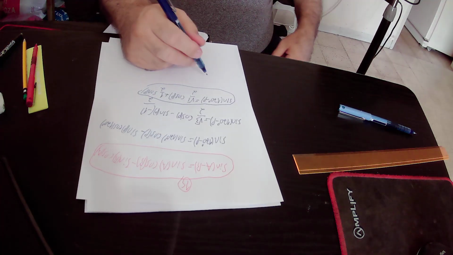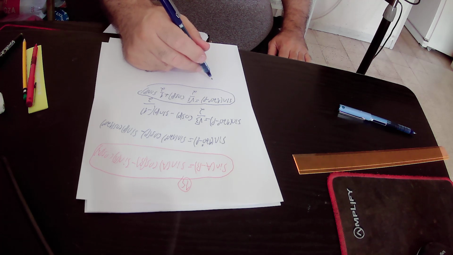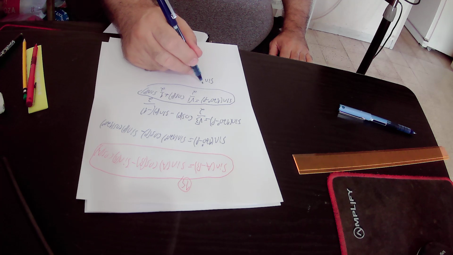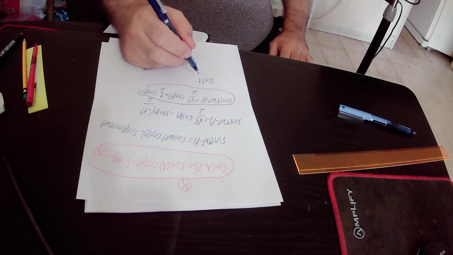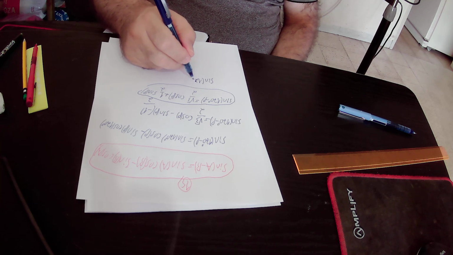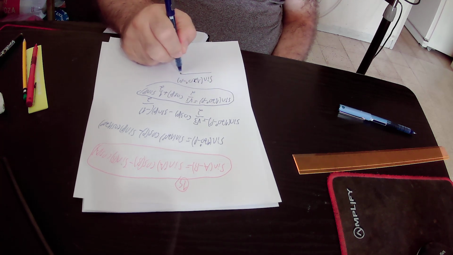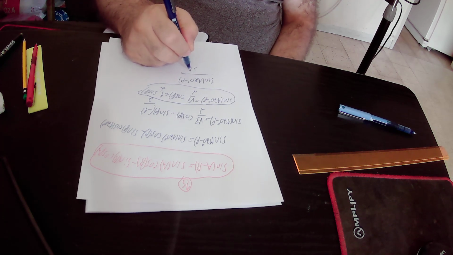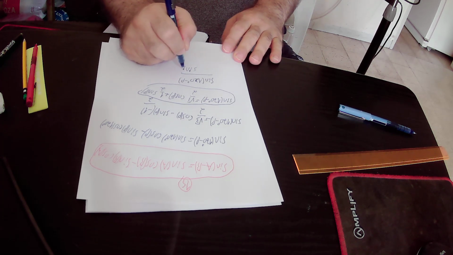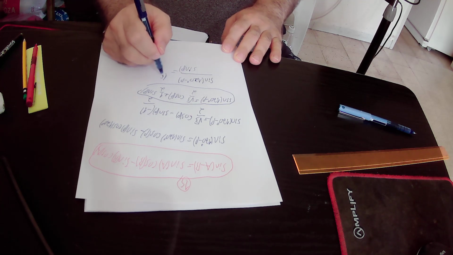So we have our original equality that states that sine 120 degrees minus P over sine P equals 15 over 8.